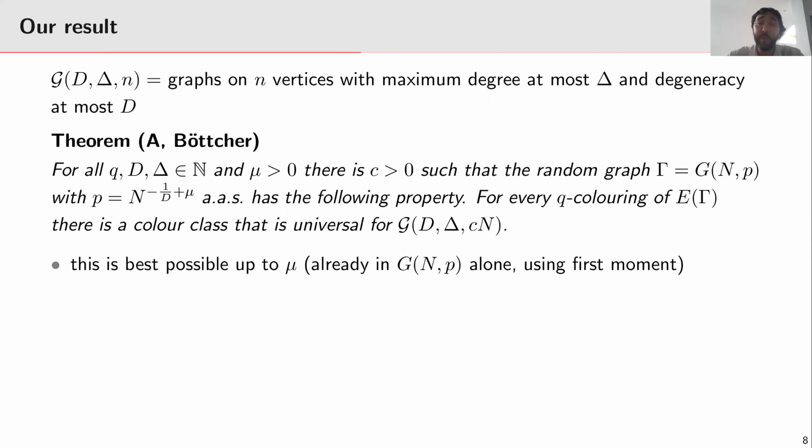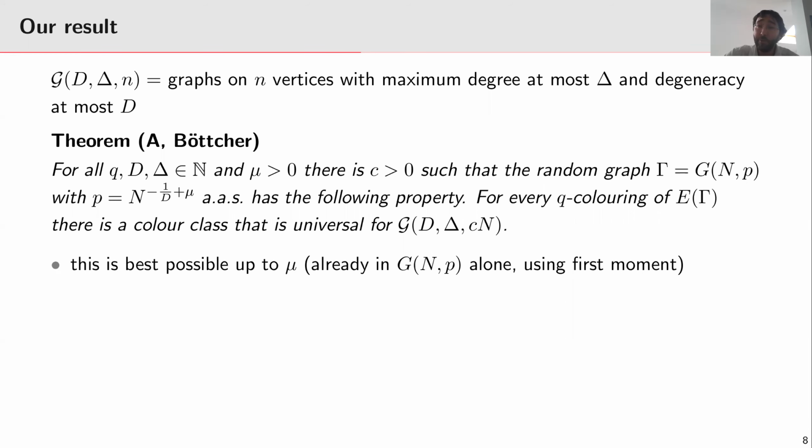This is easy to see if I generate a random graph with edge probability significantly below n to the minus 1 over D, and I pick any graph with little c times n times capital D edges, then first moment method will tell you in expectation this thing doesn't show up even in the random graph, let alone in Q colorings.